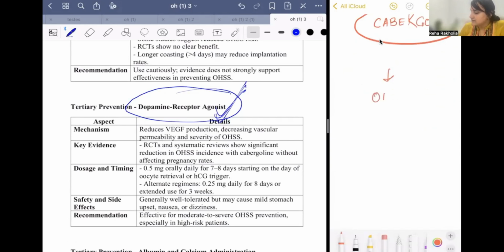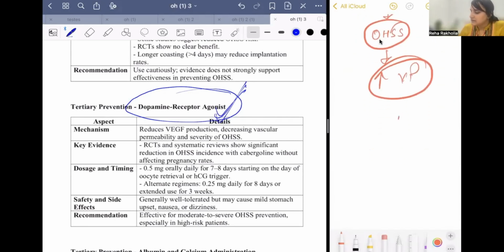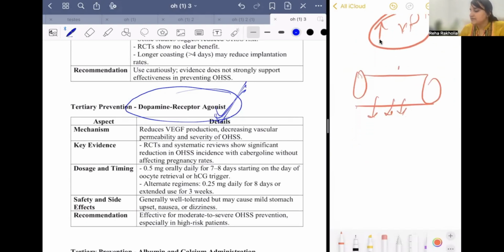In OHSS, there is increased vascular permeability, meaning there is leak from blood vessels into the body tissue causing swelling and complications. This permeability is caused by VEGF. So cabergoline works by reducing VEGF production, thereby decreasing the severity of OHSS.